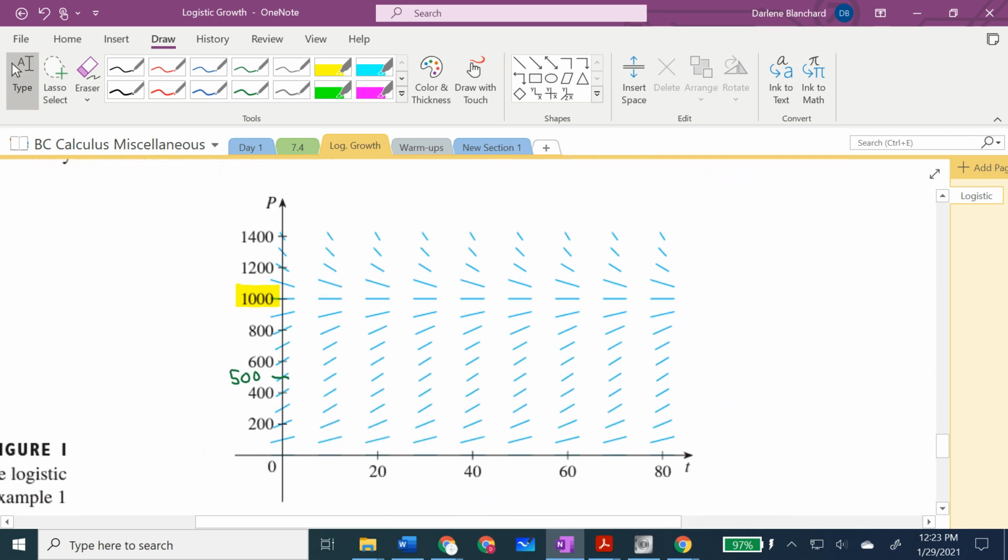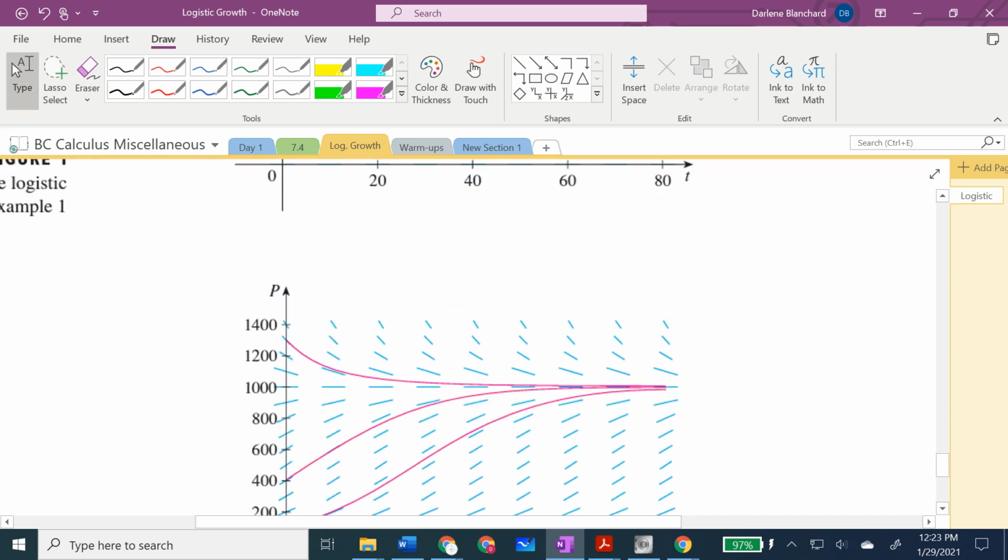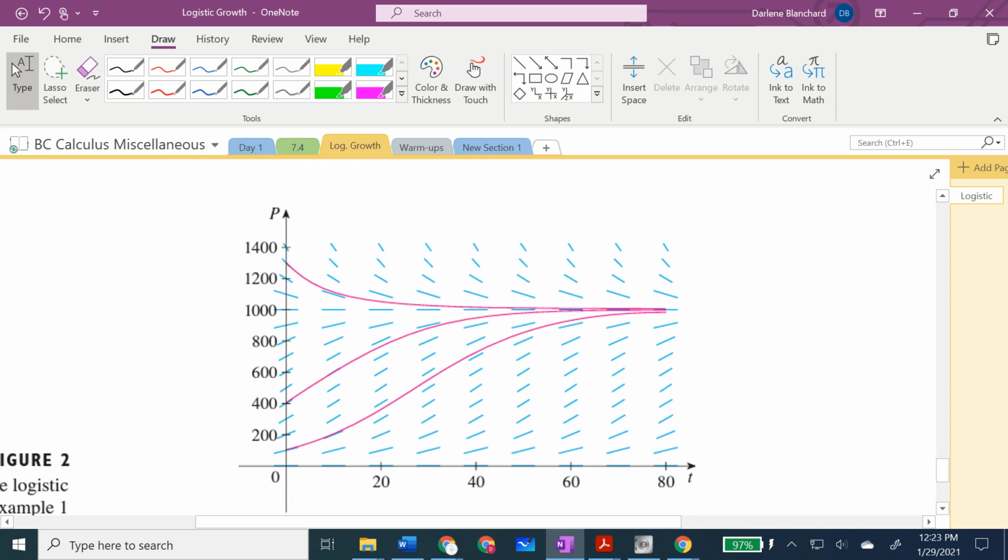And I'm going to now show you 3 solution curves in this slope field. And what you have is, if your initial population is 100 when your carrying capacity is 1,000, you're first increasing at an increasing rate.